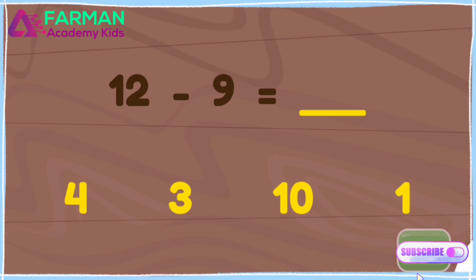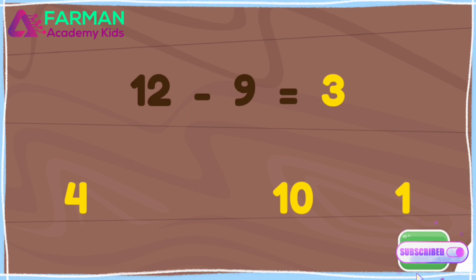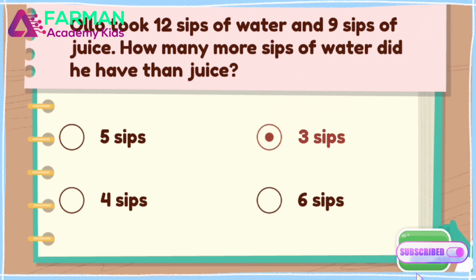Drag the number to the blank to solve the equation. That's right! 12 minus 9 is 3. How many more sips of water did he have? Woohoo! Olo had 3 more sips of water than juice.